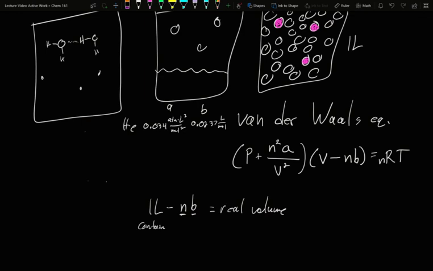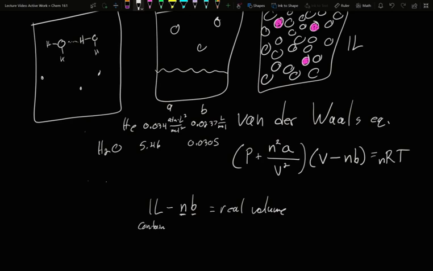So we see the volume is actually part of our pressure modifier. And A is a measure of how interactive the molecules of gas are. The greater the forces between the molecules, the larger A will be. For an example, water has an A value of 5.46 and a B value of 0.0305. Water is a little bit bigger than helium, but what's most significant is that water has a great charge attraction.